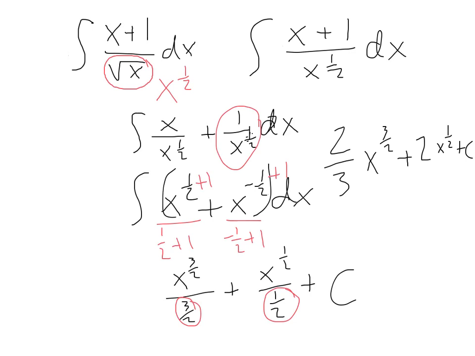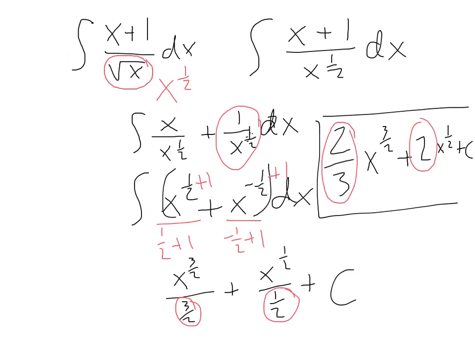Now I will accept this as the answer, but just so you know, you can do a little bit of factoring if you wanted to. Let's factor out all the numbers here. I'm going to factor out a 2/3, and then this becomes just x to the 3/2, plus, and this actually will become a 3.